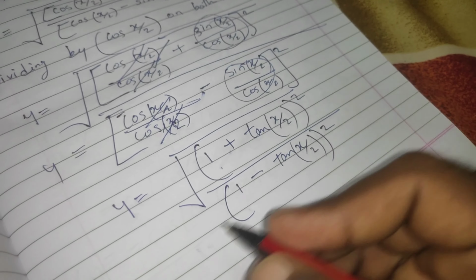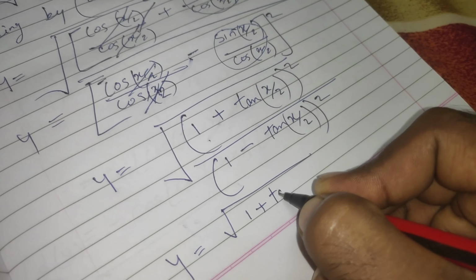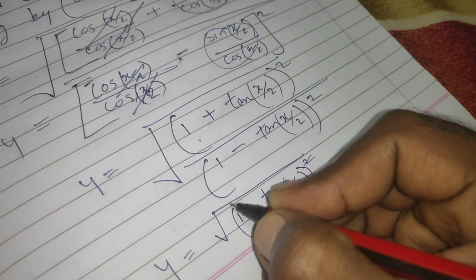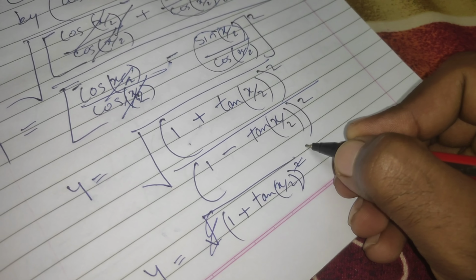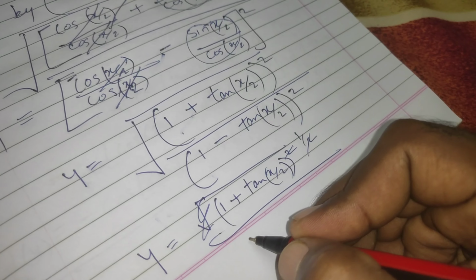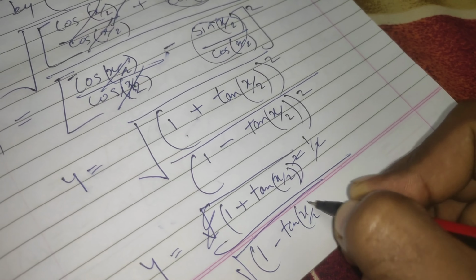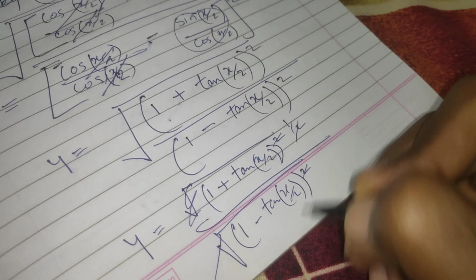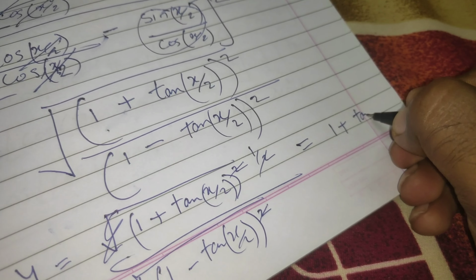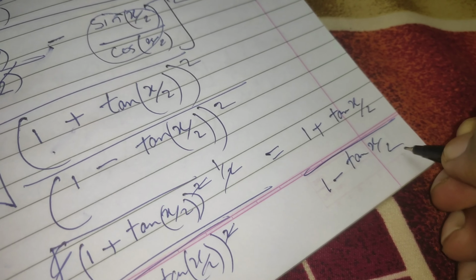So now the next step, y equal to root, this square and this root get cancelled in the numerator, and in the denominator also the same, square and root get cancelled, so we are left with y equal to (1 plus tan x by 2) divided by (1 minus tan x by 2).